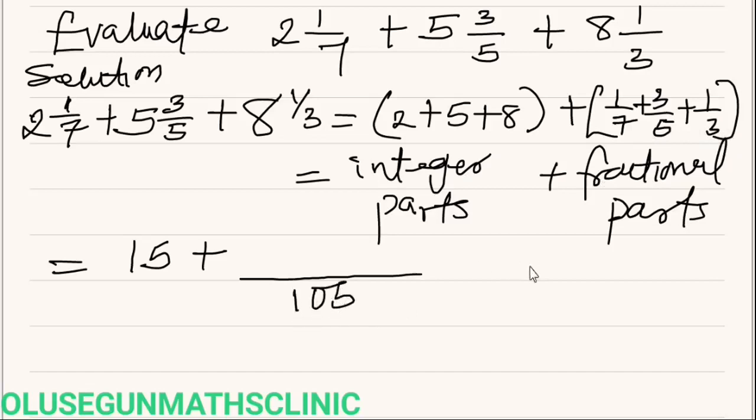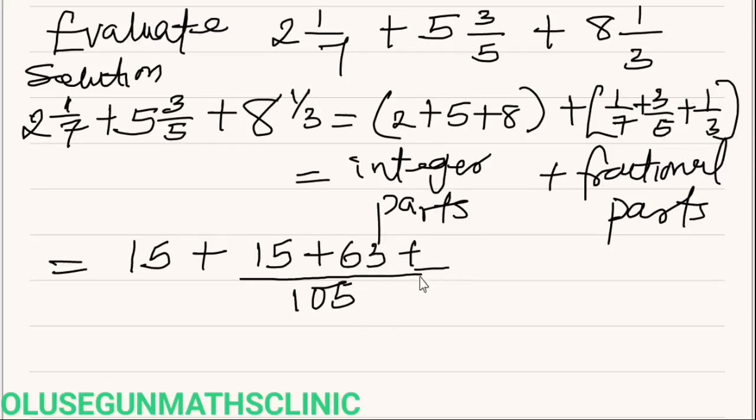So that is when you start your fraction addition. 7 in 105 gives us 15, 15 times 1 is 15. Plus 5 in 105 gives 21, multiplied by 3, so we have 63.